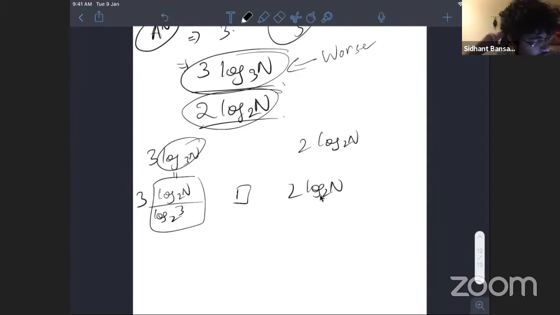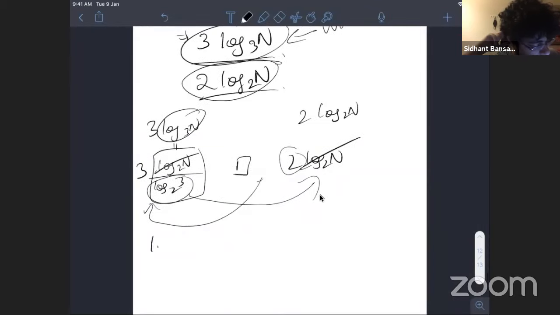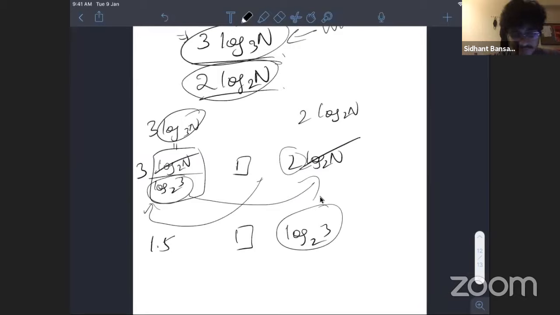Okay. Now these two cancel. And this thing goes here. This thing goes here. So you have 1.5 on the left side. You have log 3 base 2 on the right side. Right? And you can just calculate log 3 base 2 is going to be pretty small.